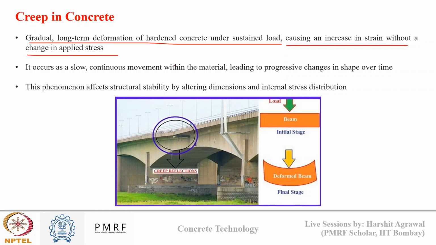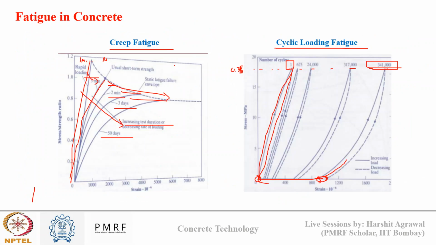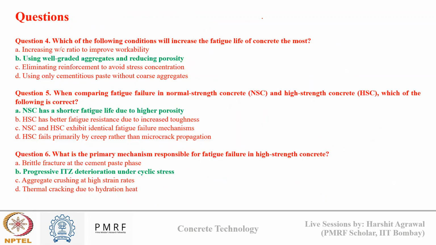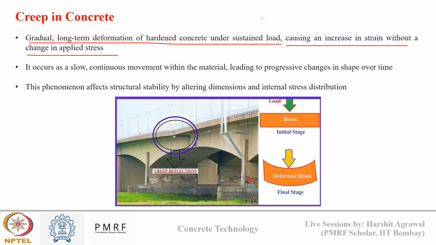This is similar to what we talked about in fatigue loading. We are applying a load of say Pu by 3, but for a very long time. When we apply a load for a very long time, it increases the strain in concrete without any change in the stress applied. This is known as creep.